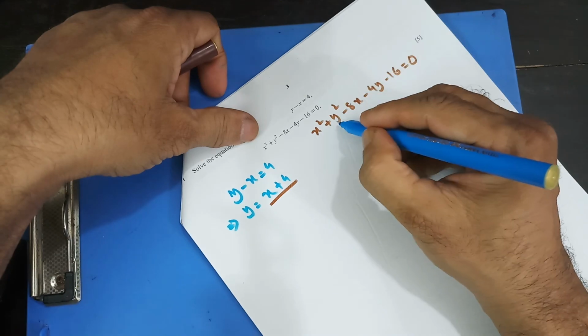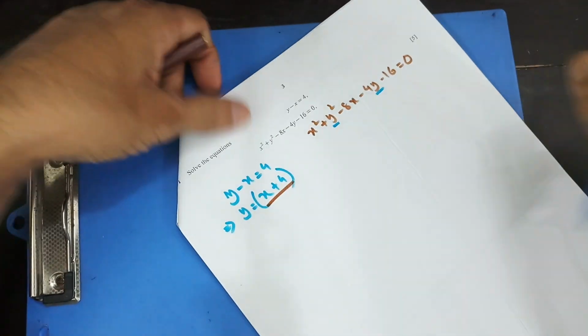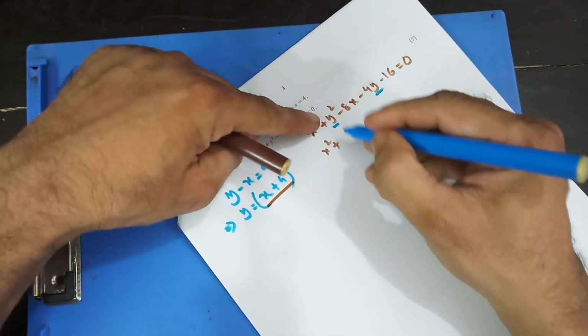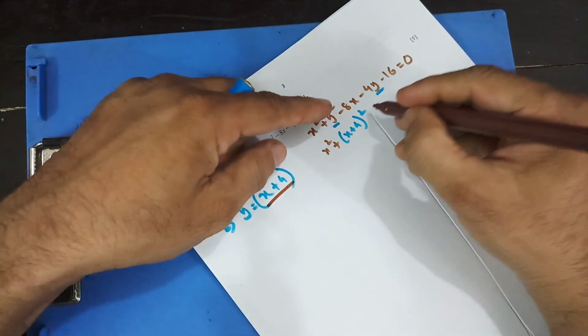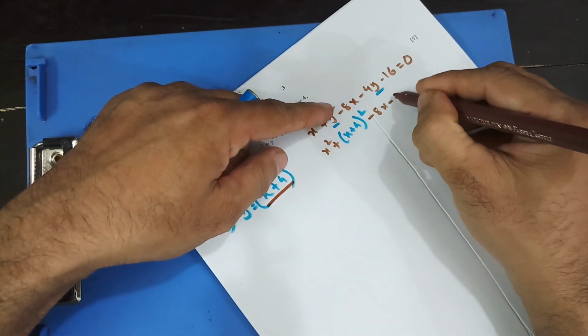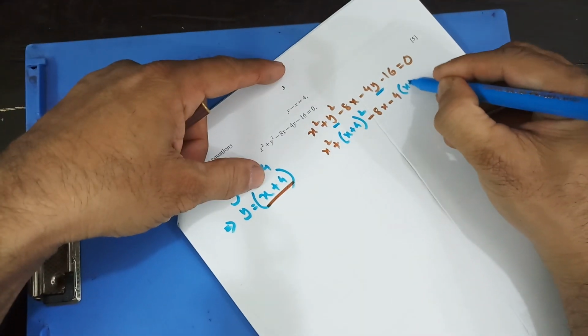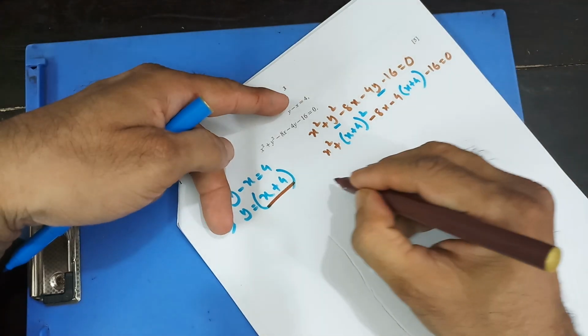In the place of y, I'll replace this value. So x squared plus, in the place of y, (x plus 4) squared, then minus 8x minus 4, and this y is going to be x plus 4, minus 16 equal to 0.